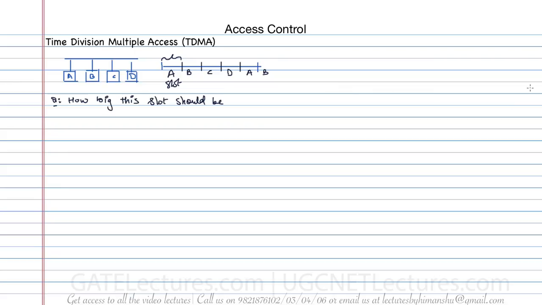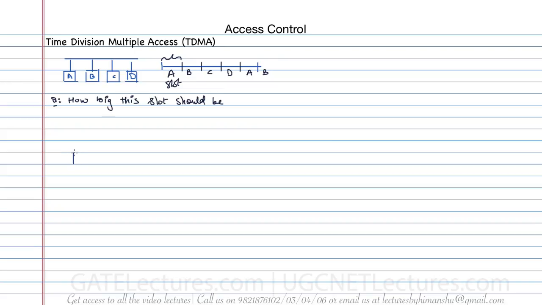Now for this purpose, you can understand what can happen in the worst case. In the worst case, the station on one end wants to communicate with the station on another end. For example, here, if in the worst case station A wants to communicate with station D, then at least we should give this much time so that station A is able to send the data to station D. You can view it like this.